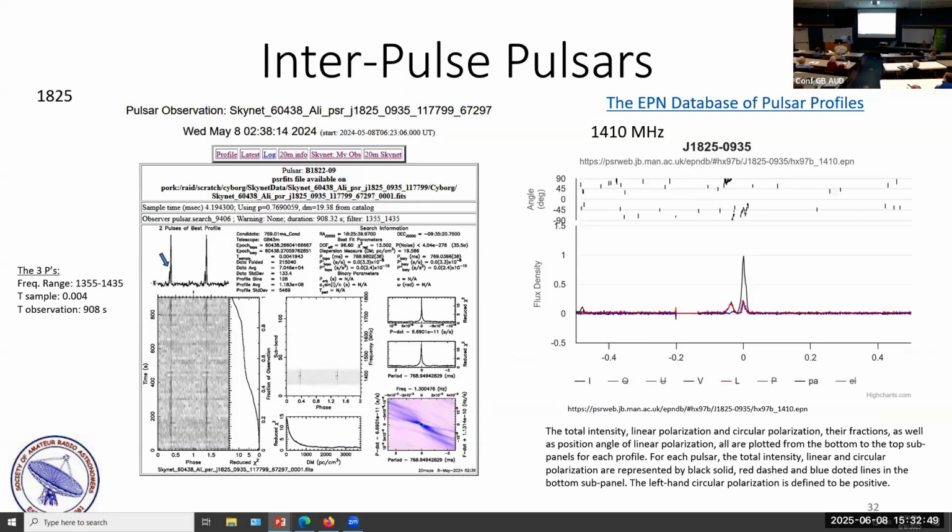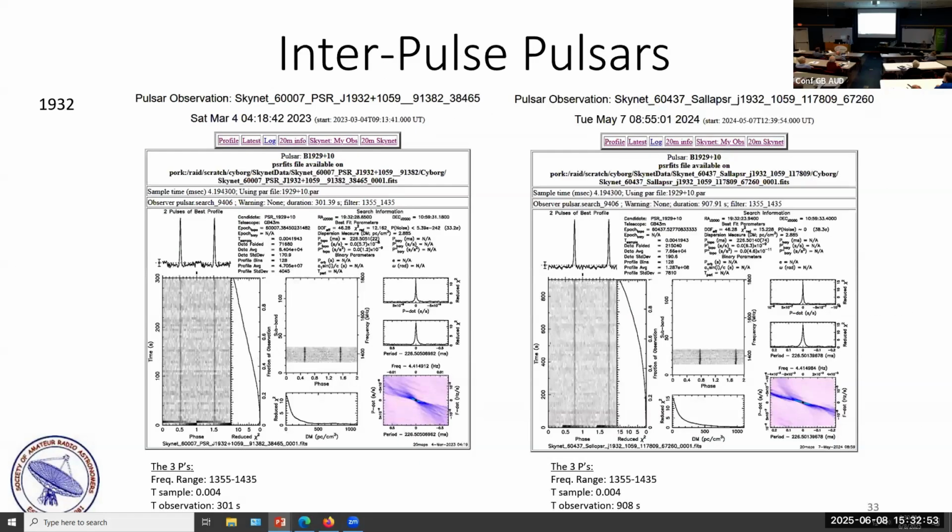I think. Pulsar 1932. Pulsar really good. But the one on the right has a slightly longer observation time.